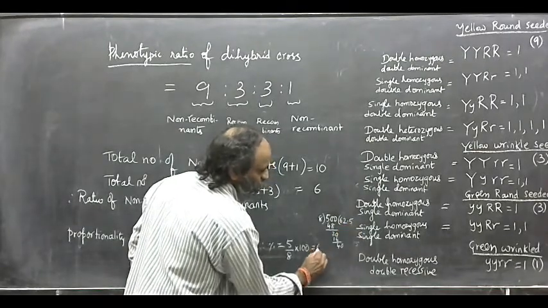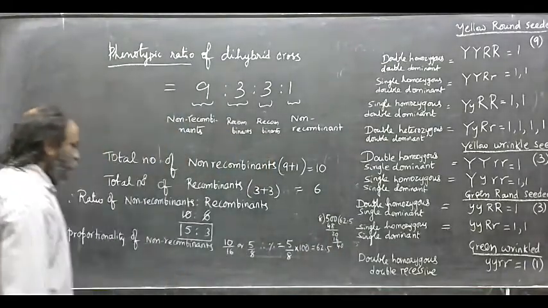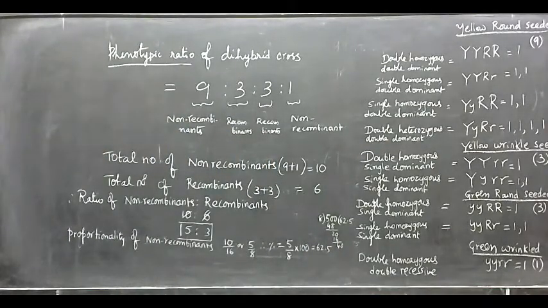That is 62.5%. 62.5% is the non-recombinant percentage.